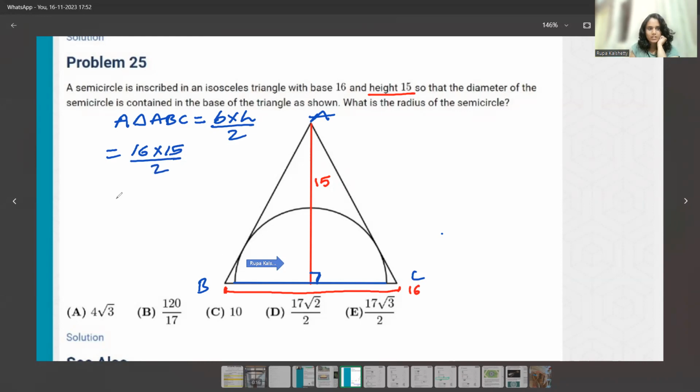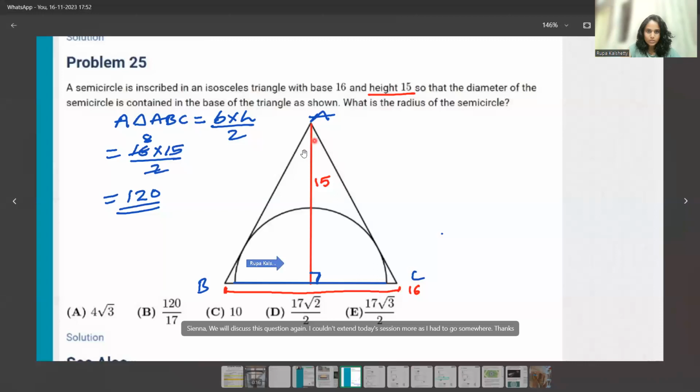And you can just simplify here. 2 eights are 16, so 15 times 8 is 120. So the area of the whole big triangle ABC is going to be 120.